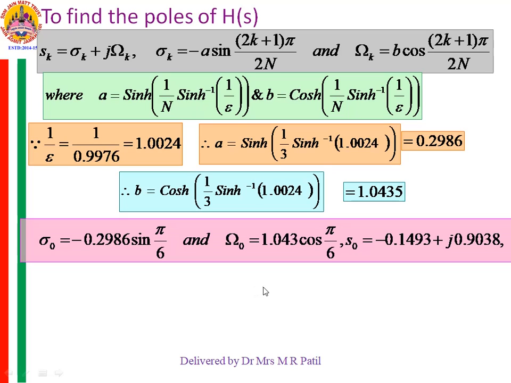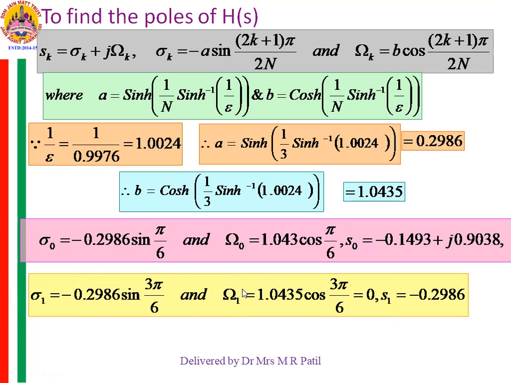Now the value of cos pi by 2 is 0, and sin pi by 2 is 1. Therefore, S1 you get as a real term, which is equal to minus A. So S1 is equal to minus 0.2986.